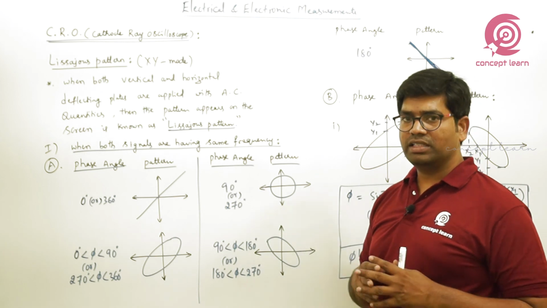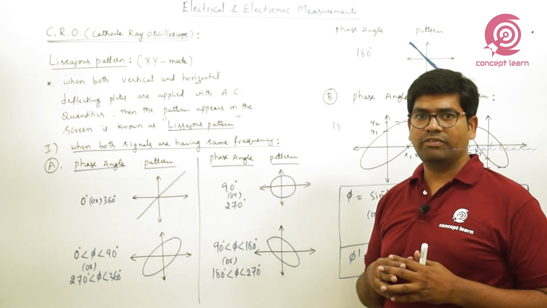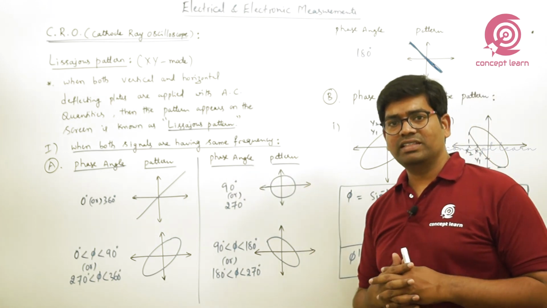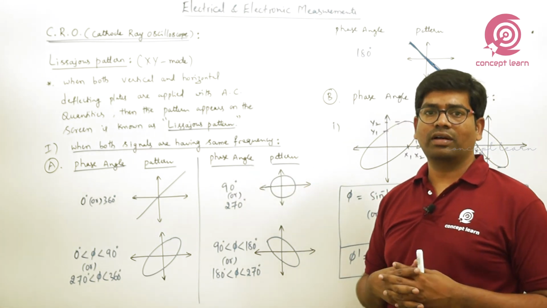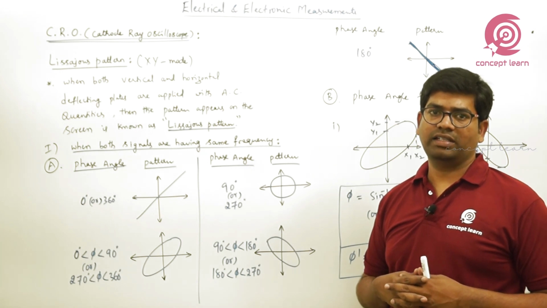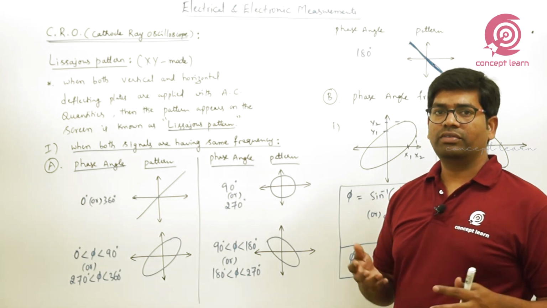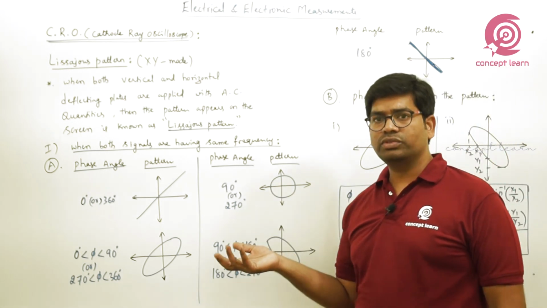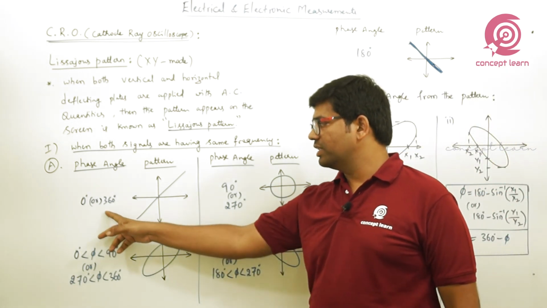Now we have different possibilities. Suppose the signals applied to the vertical and horizontal deflecting plates have the same frequency. When frequencies are the same, we can talk about the phase angle difference between the signals. So one possibility is the same frequency with different phase angles.